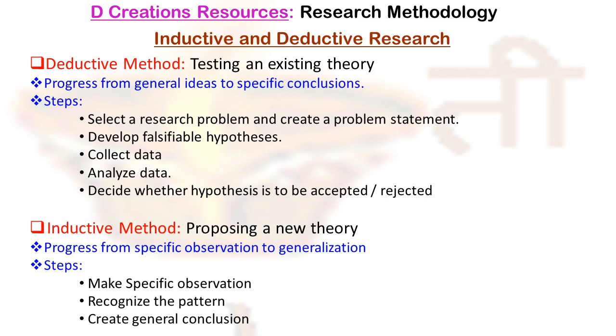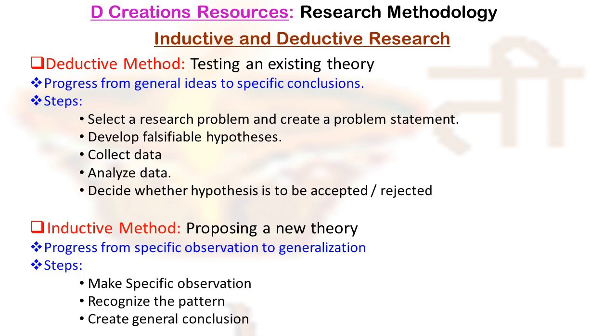We already saw the steps to be taken in deductive research. First, start with a theory, create a problem statement, then formulate a hypothesis, and based on this theory, collect data to test the hypothesis, analyze and test the data, and then decide whether you accept this particular hypothesis.